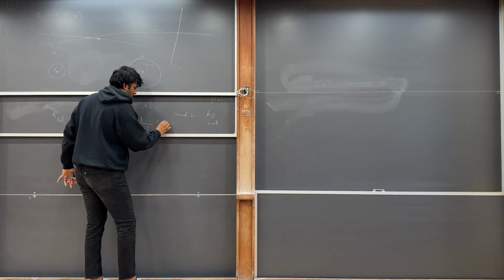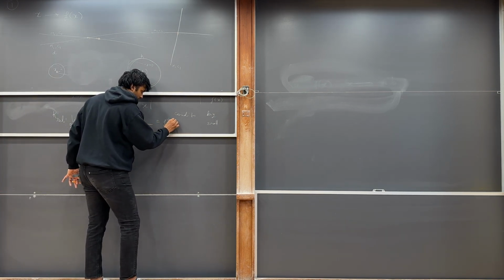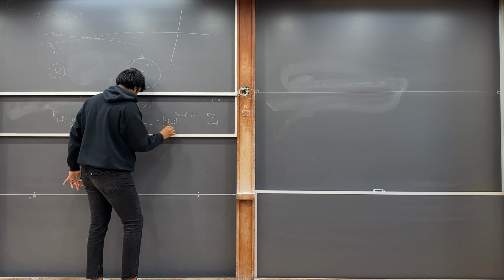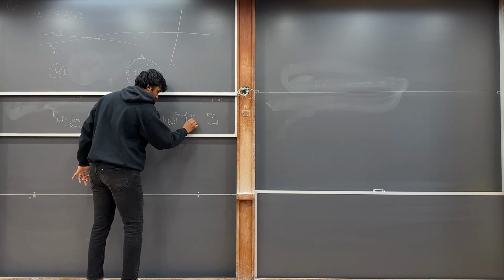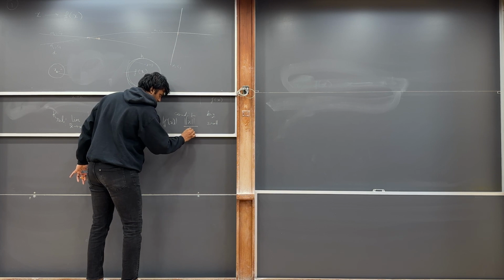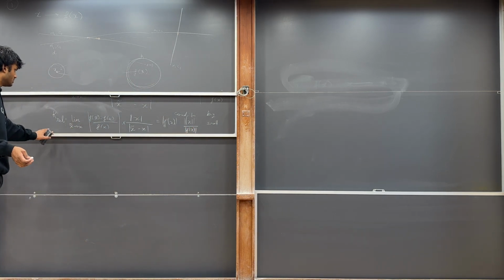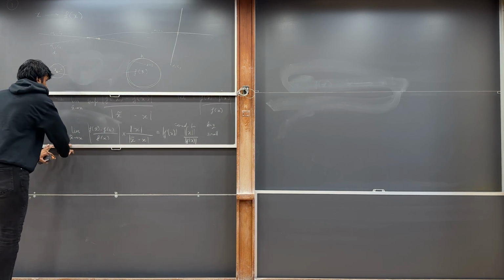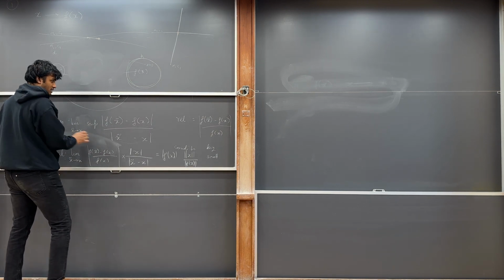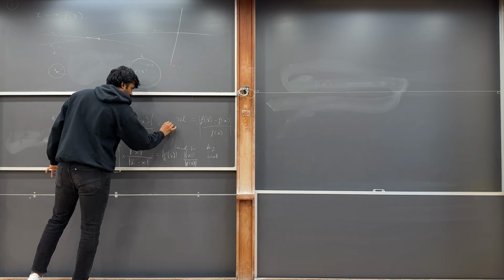So my condition number becomes f prime of x times x divided by f of x. And if my function is again differentiable, then my absolute condition number is also f prime of x.